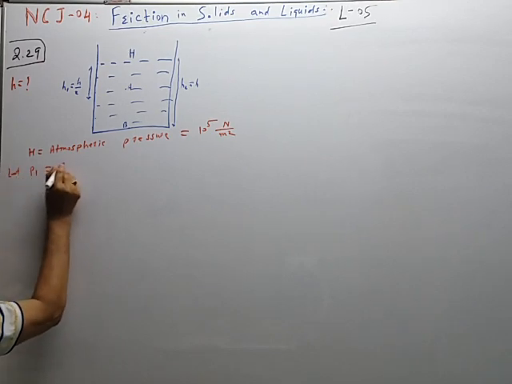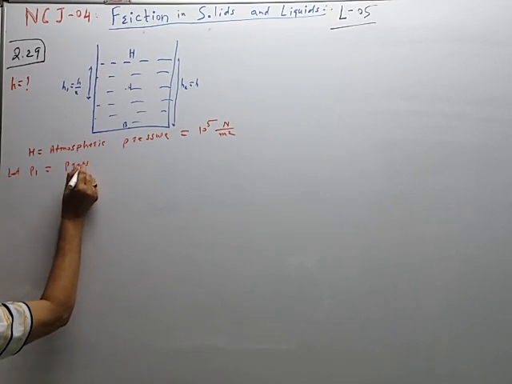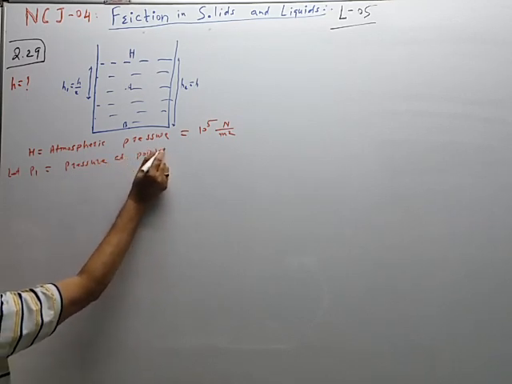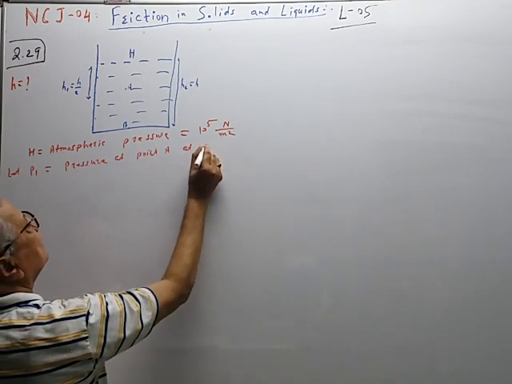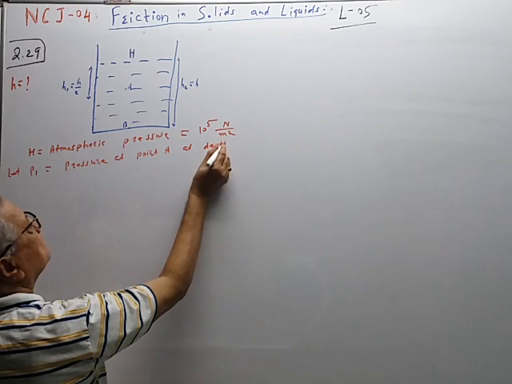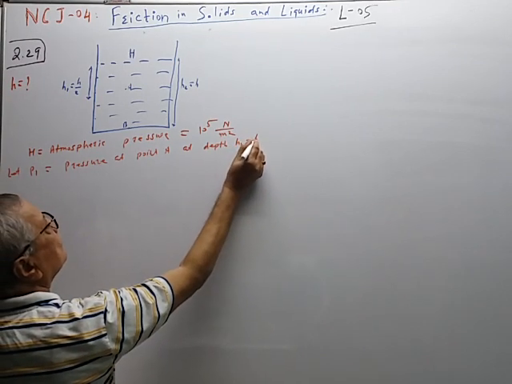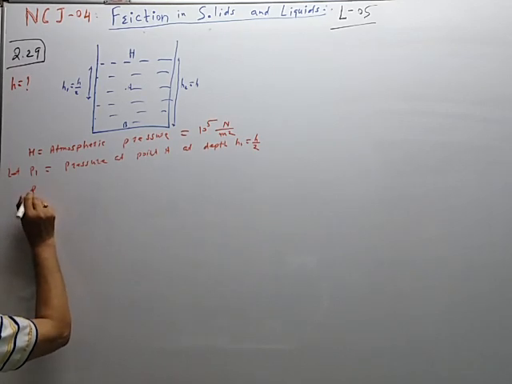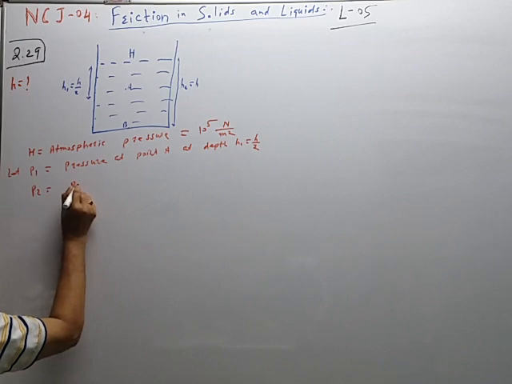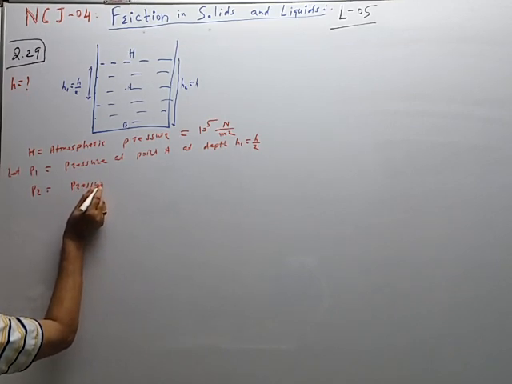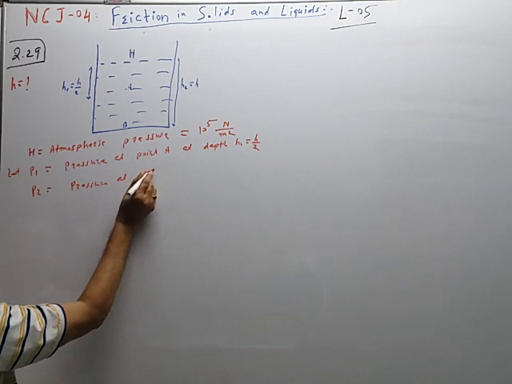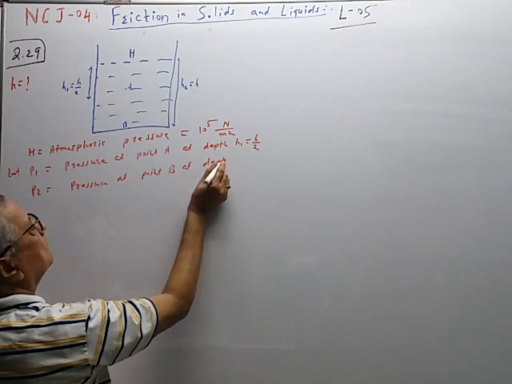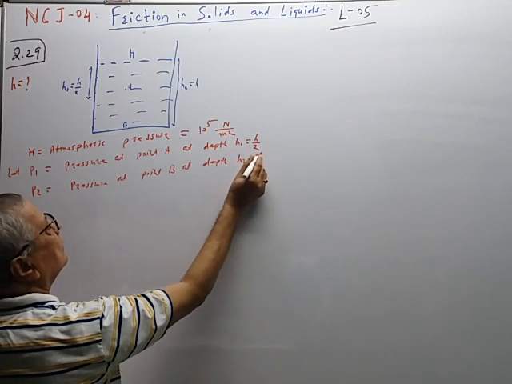Let P1 is equal to the pressure at point A at depth H1 is equal to h by 2. P2 is equal to the pressure at point B at depth H2 is equal to h.